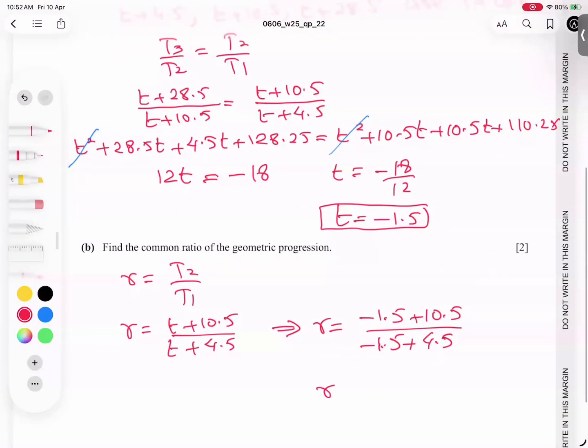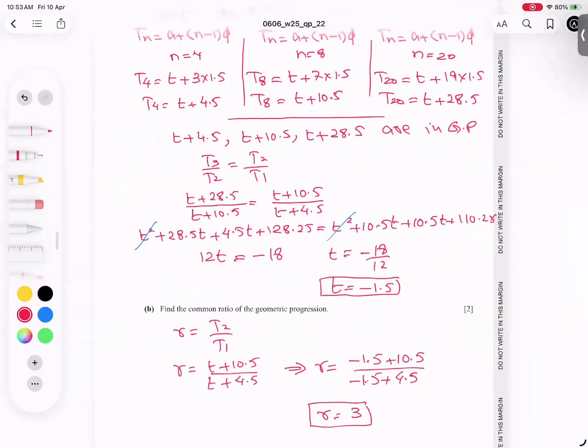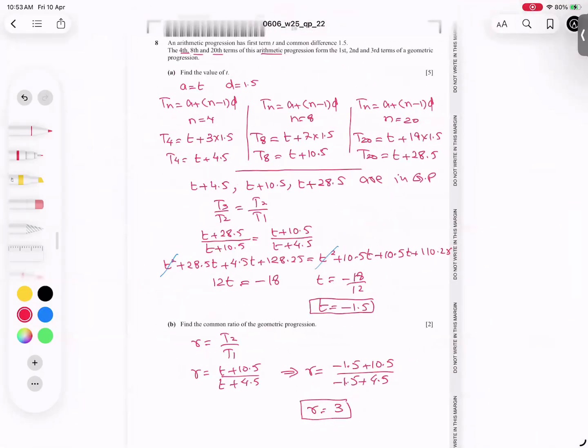It's just a matter of typing in the calculator. So we can do it without. Even at the time, R is coming to us, the common ratio is 3. And I hope the concept of the question is completely clear.